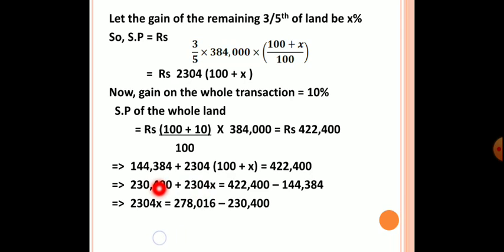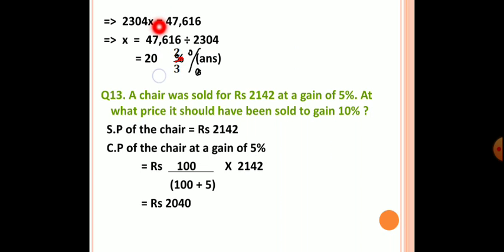Now bring this 2,30,400 on the other side. So again it will get subtracted. So 2304x equals 47,616. Therefore x equals 47,616 divided by 2304, which is equal to 22/3%.